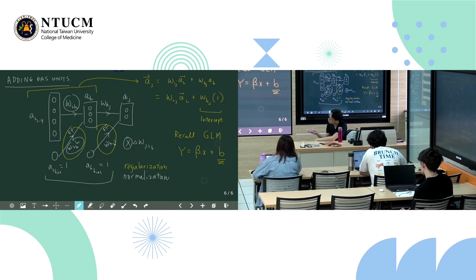So I only have W I B H, okay? But for this layer, which connects forward, I do not have a connection from W I to the bias unit. Okay, so that's what this means.